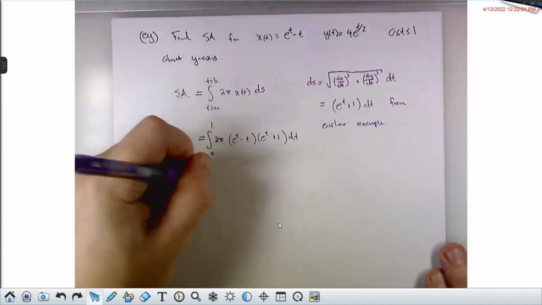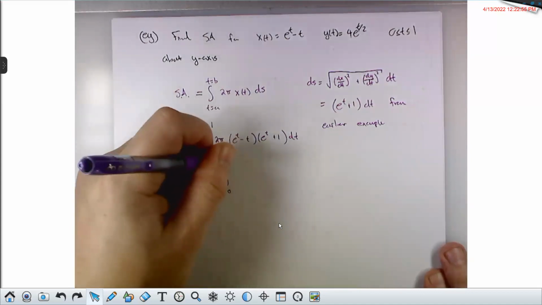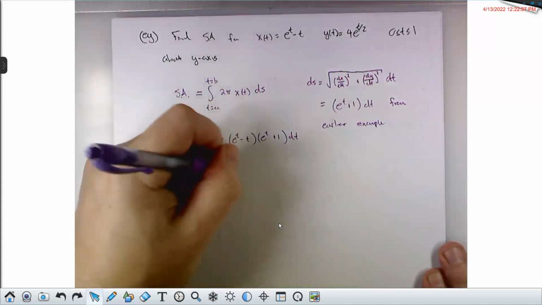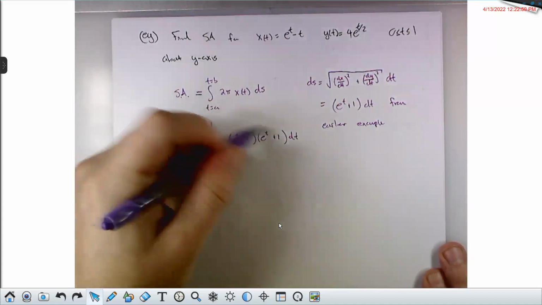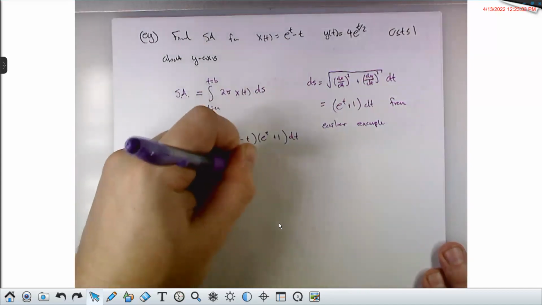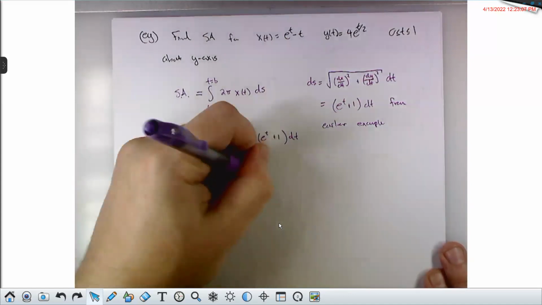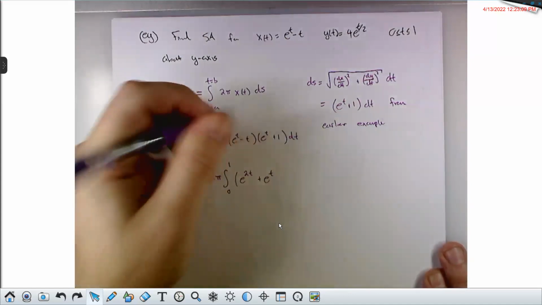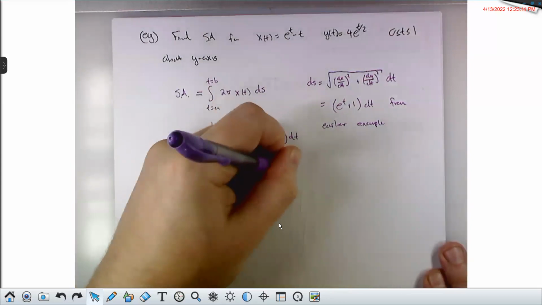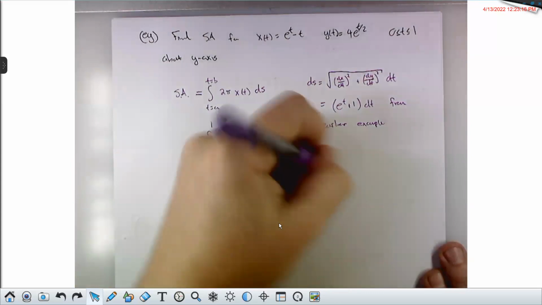The 2 pi comes out, and I'm left with the integral from 0 to 1 of this thing, which I can FOIL out. That's e to the t times e to the t, which is e to the 2t, plus e to the t, minus t e to the t, minus t.